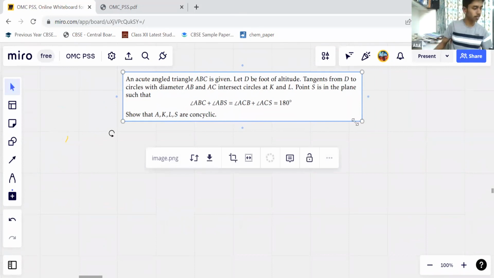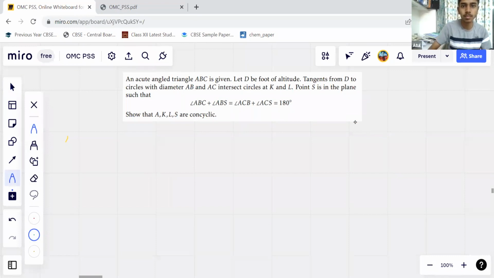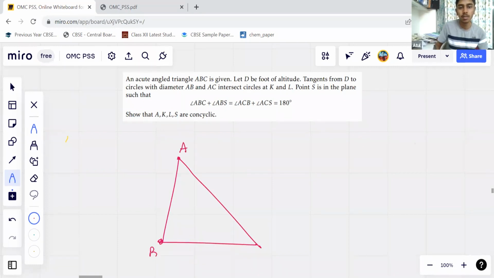Okay, so a geo. Right, so we have triangle ABC. And we have its foot of altitude to be D. And we draw the circles with diameter AB and diameter AC.